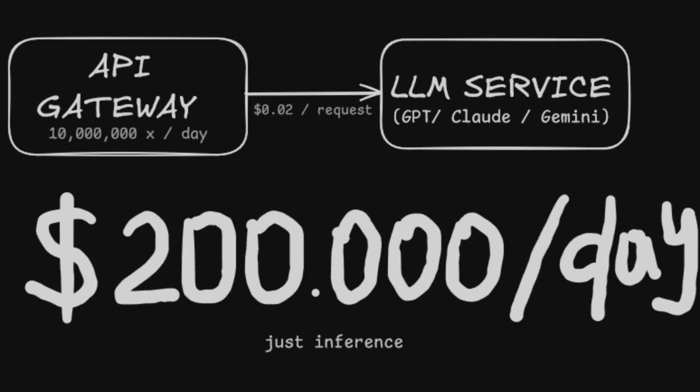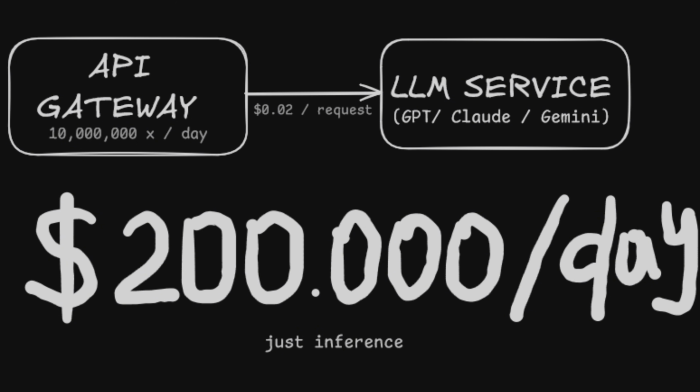Because traffic is not linear, it's layered. One user becomes 100, 100 becomes 10,000, and every hidden operation is multiplied by that growth. That vector search step, it doesn't run once, it runs for every request, sometimes more than once. That re-ranking pass, also per request, sometimes per tool call.